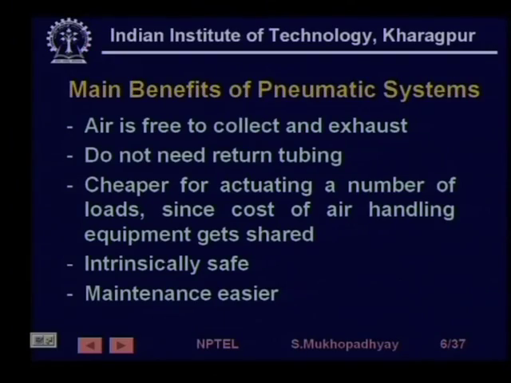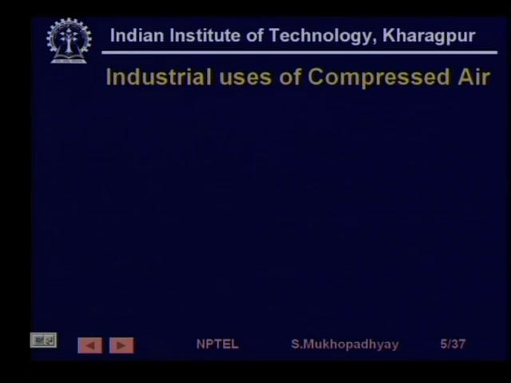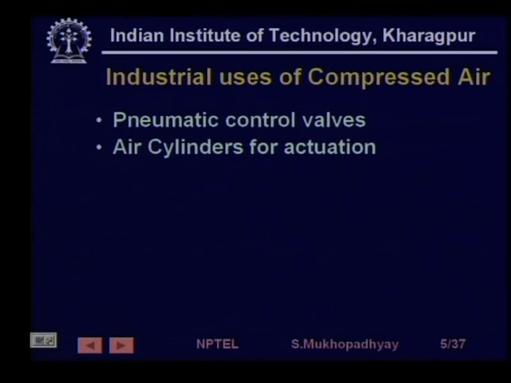Having said that, there are quite a few uses of compressed air in industry, and some of them are pneumatic control valves, that is, pneumatically actuated control valves. These are big flow control valves which are operated pneumatically using air. Then there are air cylinders for actuation.